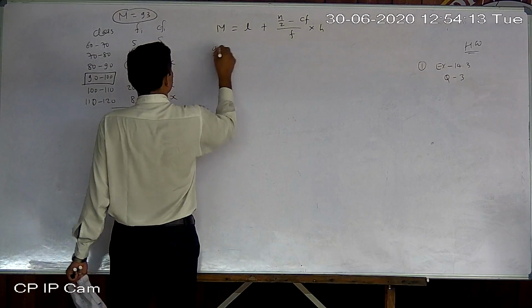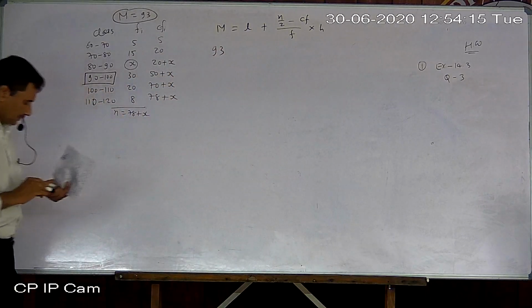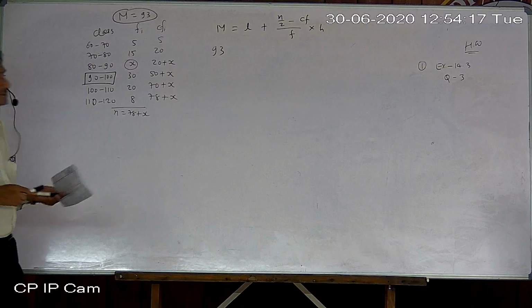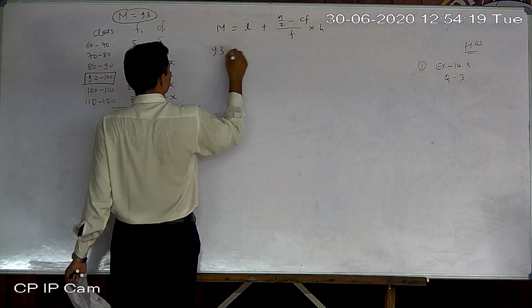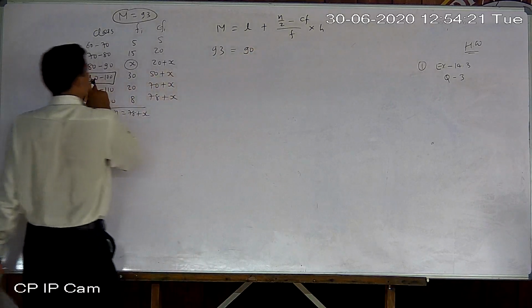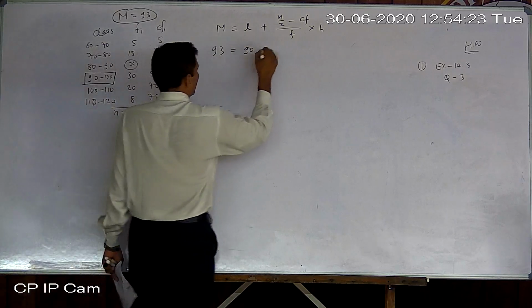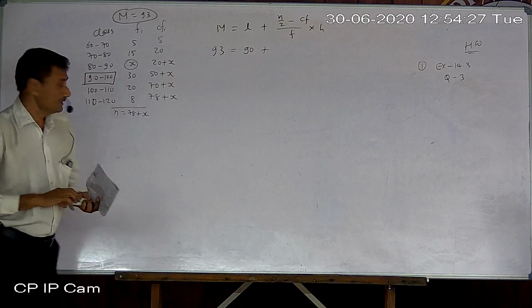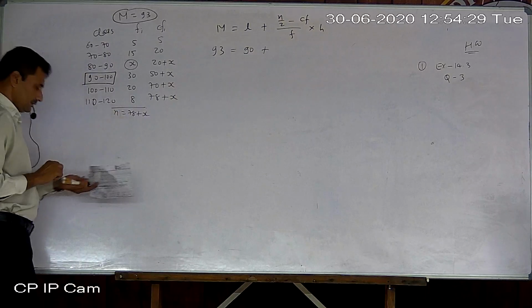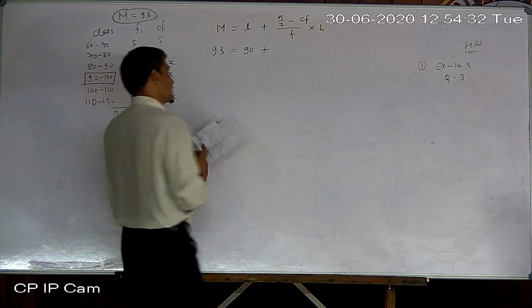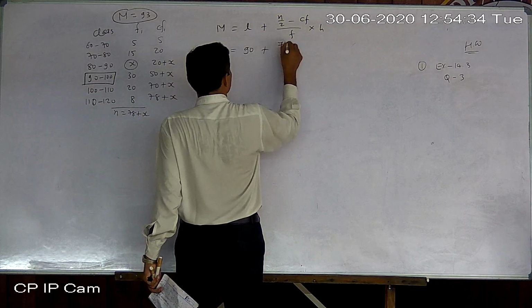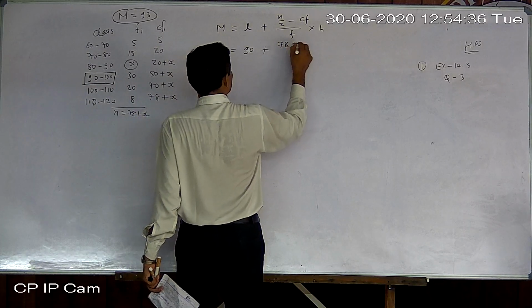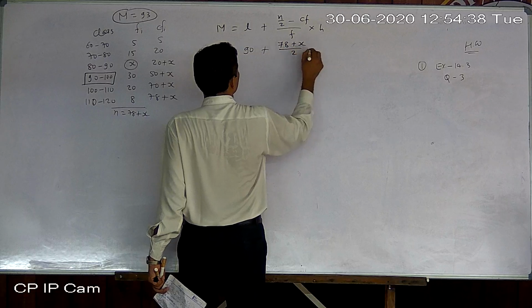M is given. Now the median class is located at 90 to 100. So write down here lower boundary 90. Okay, n by 2. Actually n by 2 is not given, or n is not given. But we found n equal to 78 plus x. So write accordingly only, 78 plus x divided by 2 minus CF.